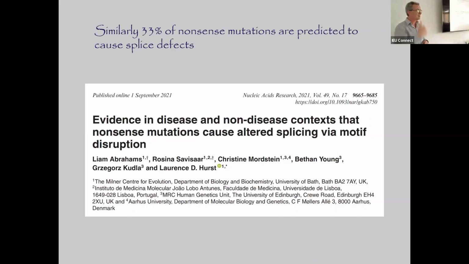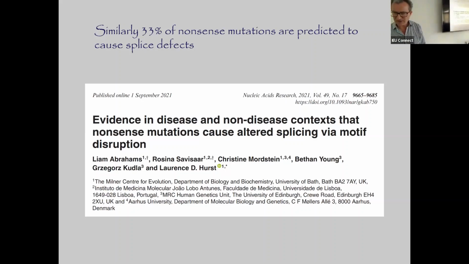ESEs can't have stops, so a mutation in an ESE to a stop is very likely to break the ESE. That's exactly what we find here, and we estimate just over 33%. So we get a great enrichment of nonsense mutations towards the ends of exons associated with disease, but much less than exist in the core of exons.